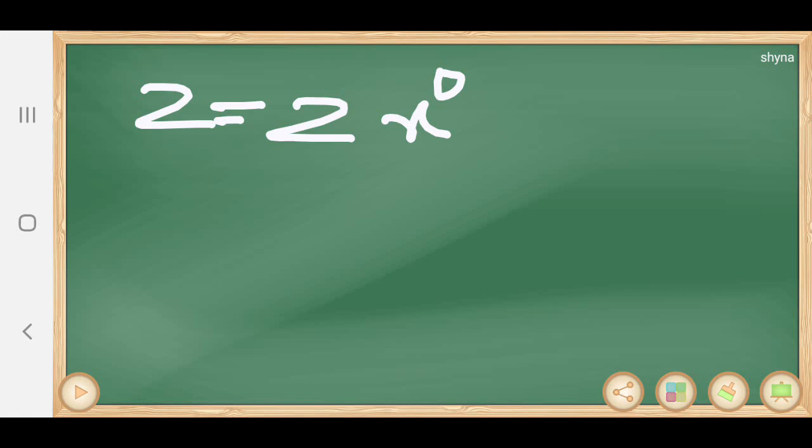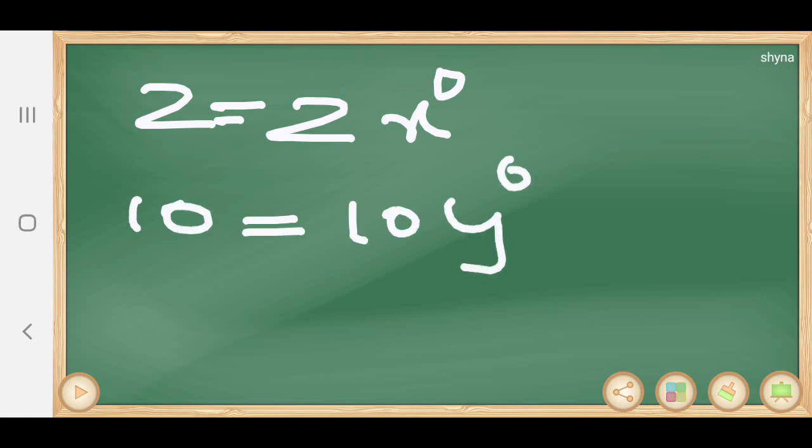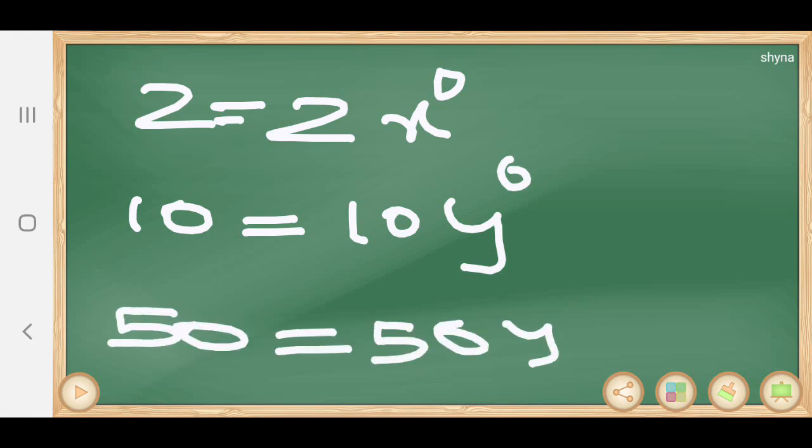Yes. So 2 equal to 2x raised to 0 is a polynomial. Then 10 equal to 10y raised to 0, 50 equal to 50y raised to 0. Write this out.